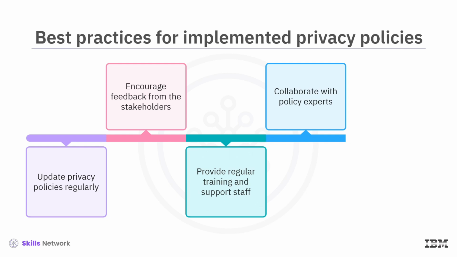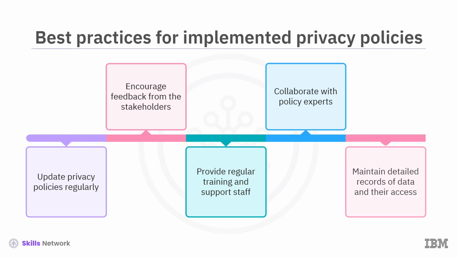Collaborating with IT experts, legal advisors, and data protection officers can help you understand privacy policies and their updates, ensuring comprehensive privacy protection strategies. Lastly, maintain detailed records of data handling practices, access controls, and audit reports, sharing privacy protection measures with stakeholders for building trust and accountability.